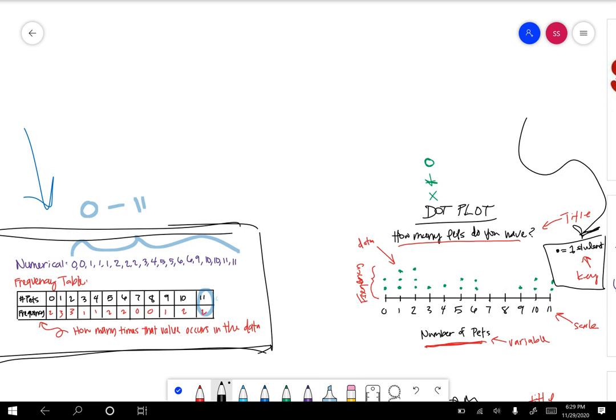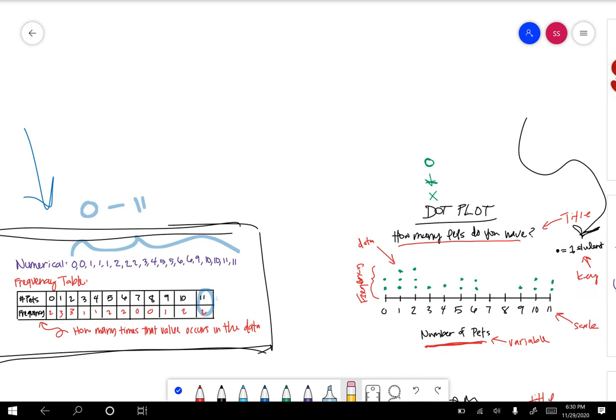If you have stars, maybe instead you would write 1 student, or you could write 1 student's response to the survey, right? It could be as detailed as you want, as long as we get an idea of what each of those circles or dots or X's or stars represent, right?